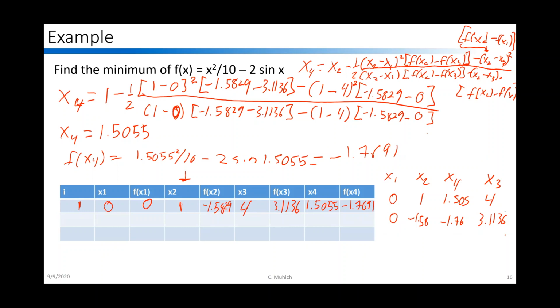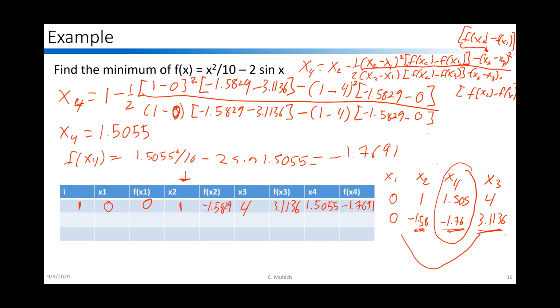Now, this f of x value is showing us that we have a lower value sitting between x2 and x3. This x4 is between these two values, and the value is lower. So this must mean that the shape of the curve looks sort of like this.